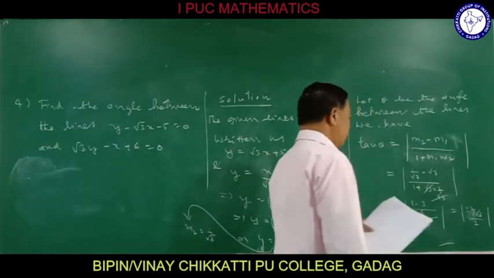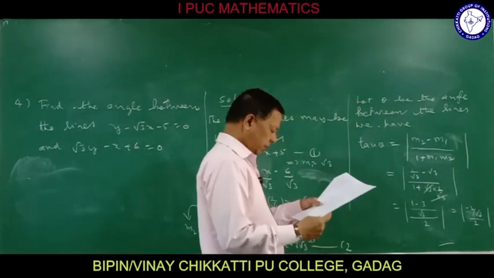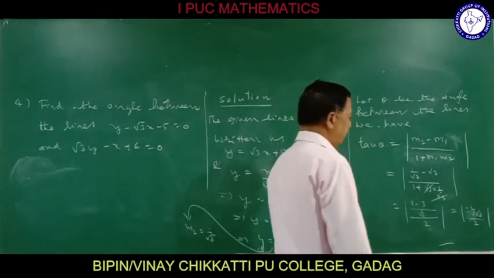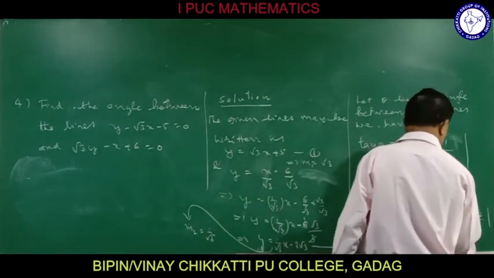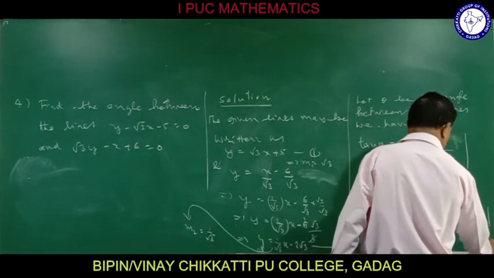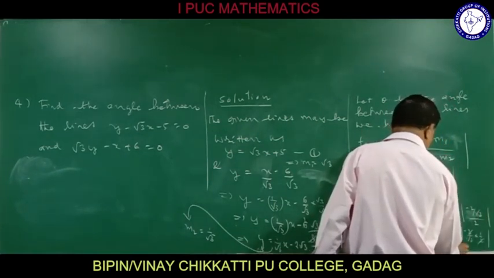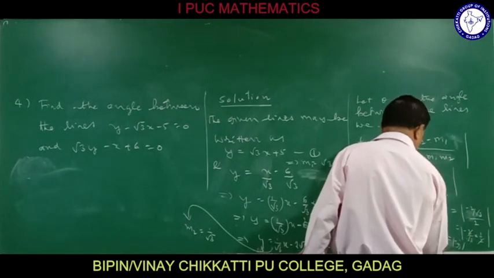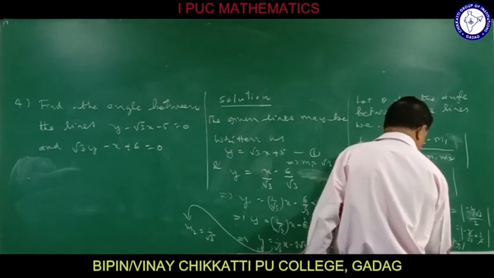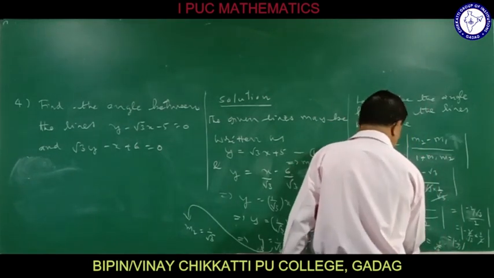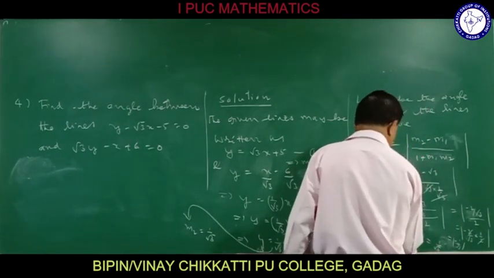But we have the modulus sign. That is why you can understand what is to be done. And this is equal to modulus of minus 2 by root 3 into 1 upon 2. So what you have got? 1 upon root 3. See what you have got? Tan theta is equal to 1 upon root 3.